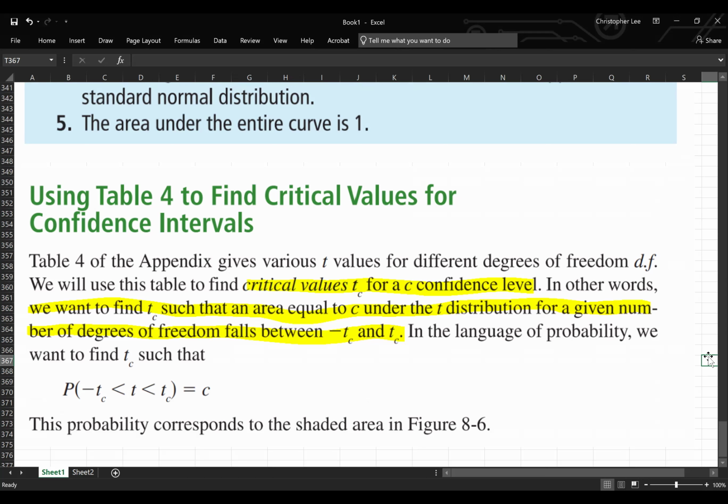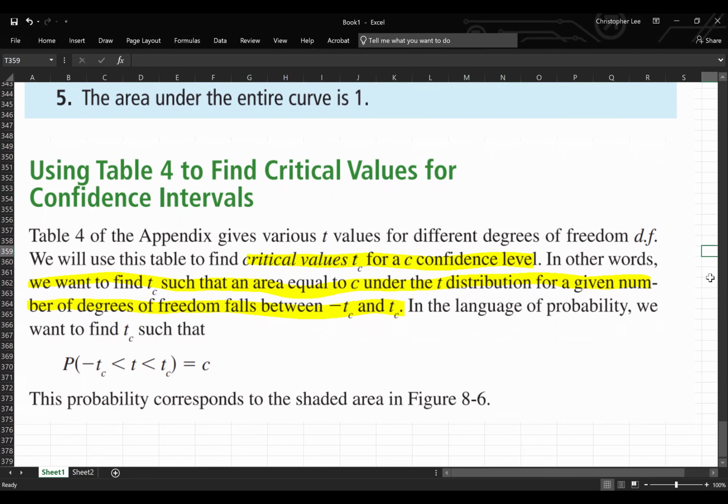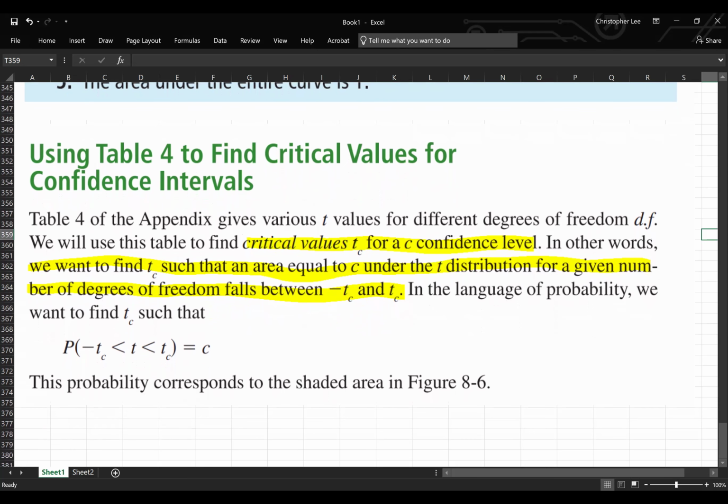In other words, we want to find the t critical such that the area under the t distribution for a given number of degrees of freedom that falls between negative t critical and positive t critical is equal to our confidence level. In the language of probability, we want to find the t critical such that the probability of negative t critical less than t less than t critical is equal to the confidence level, right? This probability corresponds to the shaded region in this graph.